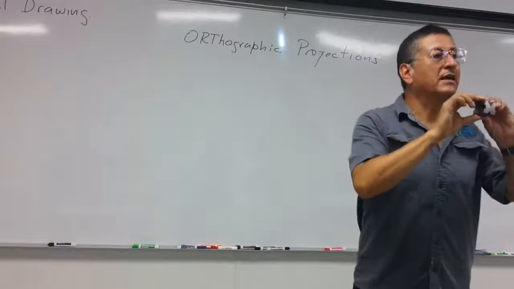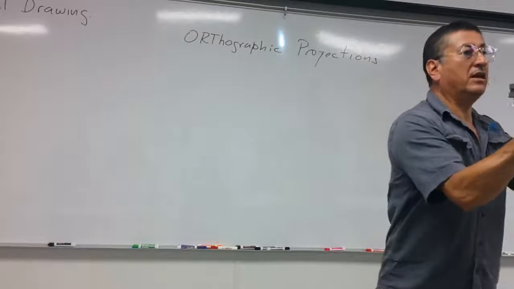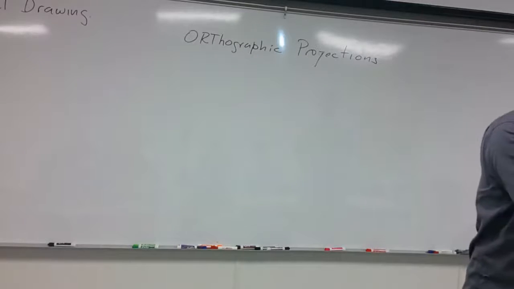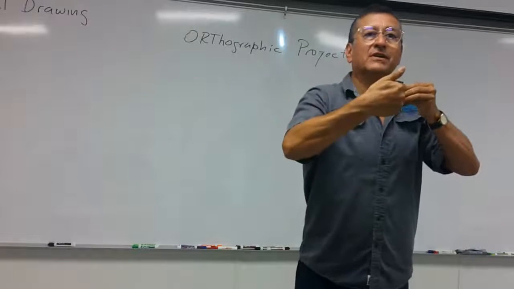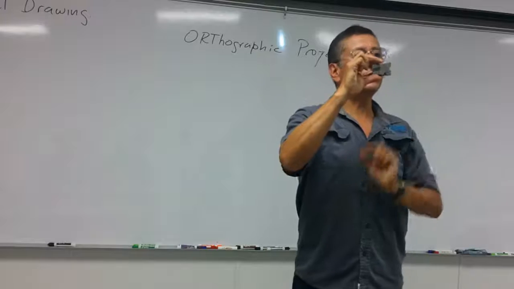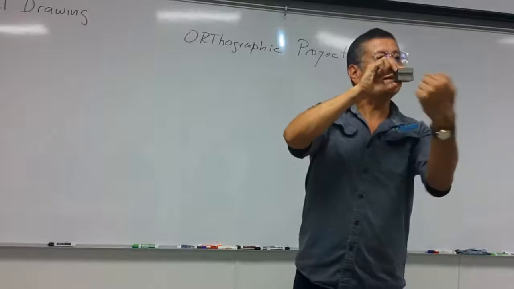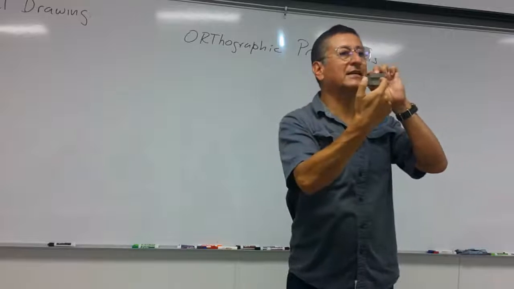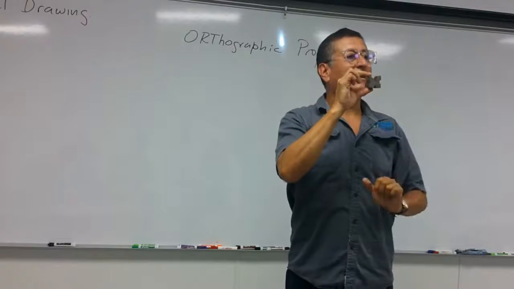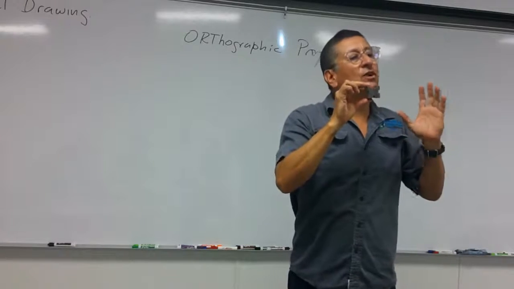You can see this element in front, that's the front view, or on top, that's the top view, or in the lateral view, left side or right side. Those are the orthographic projections.